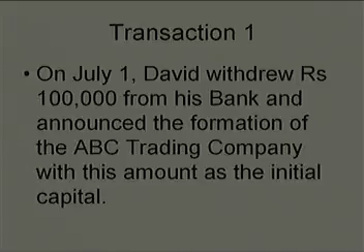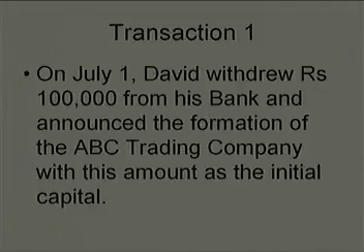Now, just a while ago, I also told you that every transaction can result in a changed balance sheet. So, with this transaction, can you prepare the balance sheet of the company, ABC Trading Company, as of July 1?